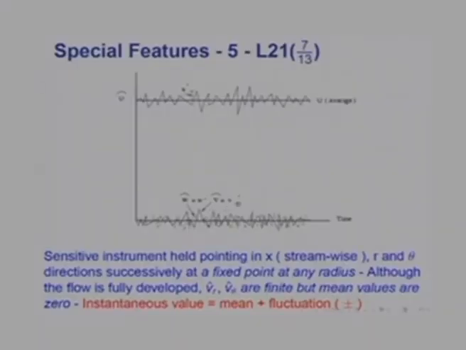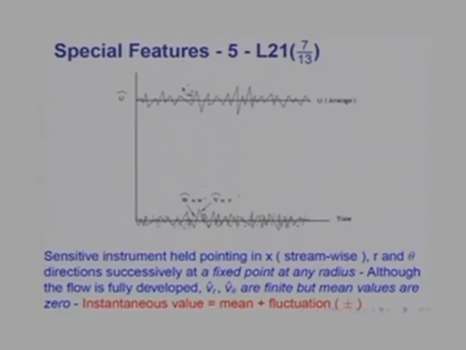And this is very unusual: although the flow is fully developed, instantaneous values of u, Vr and V theta, or u, v and w, whichever, are all finite, and they vary randomly with time, but the averages of v and w are 0, whereas the average of u is a constant at a single point.